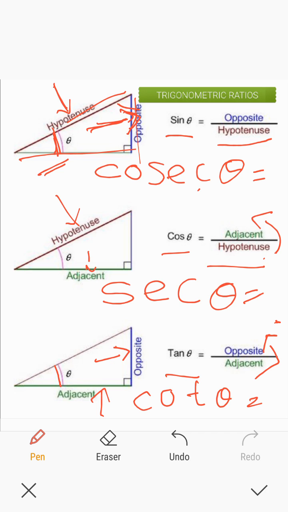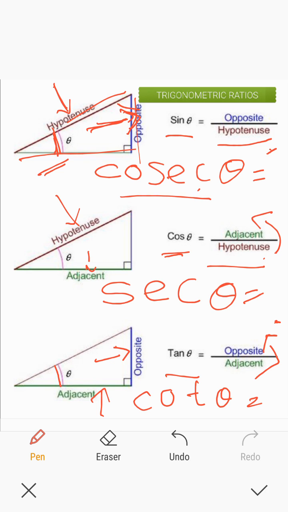Three pairs means sin theta and its reciprocal, cos theta and its reciprocal, tan theta and its reciprocal. So, you can study like this. Sine of theta is opposite side of theta divided by hypotenuse. Then cosec theta is hypotenuse divided by opposite side.